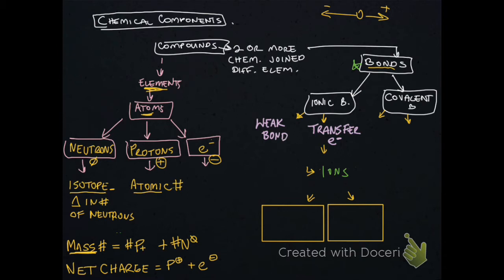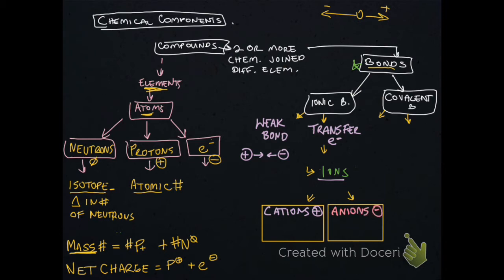And they use this principle that opposites attract, that positive and that negative charge, like magnets, are going to attract. And we form ions. We have two flavors, either cations that have a positive charge or anions that have a negative charge.